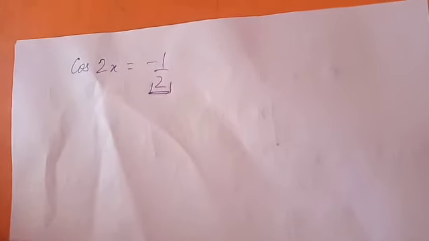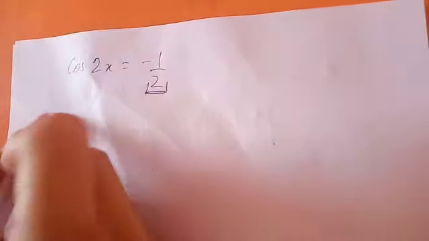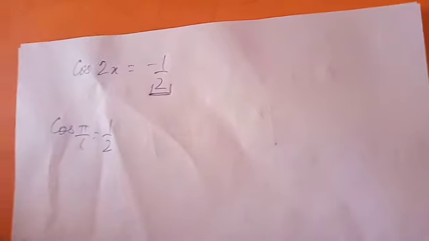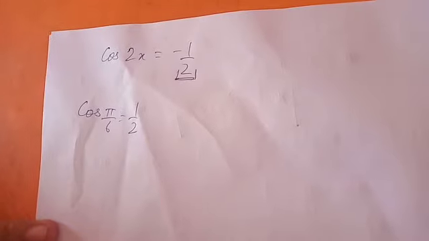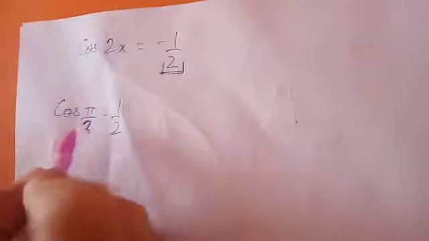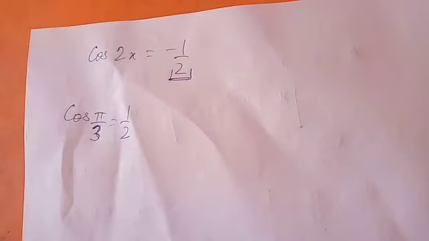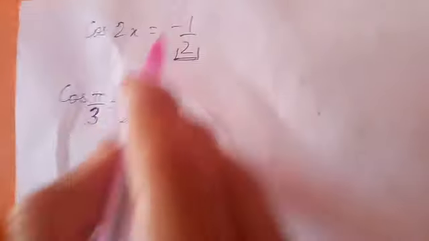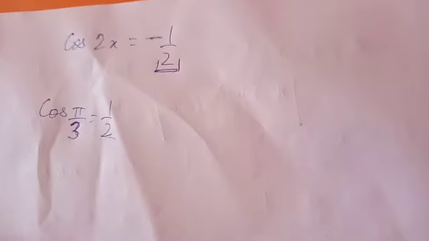That is pi by 3, that means 60 degrees. Cos 60 degrees is equal to 1 by 2. But we have a negative sign also here.